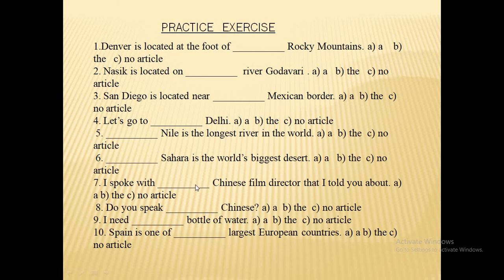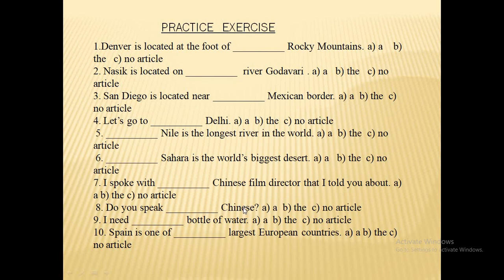I spoke with the Chinese film director that I told you about. I am talking about that particular film director. Do you speak Chinese? Here no article is required because it's a language.